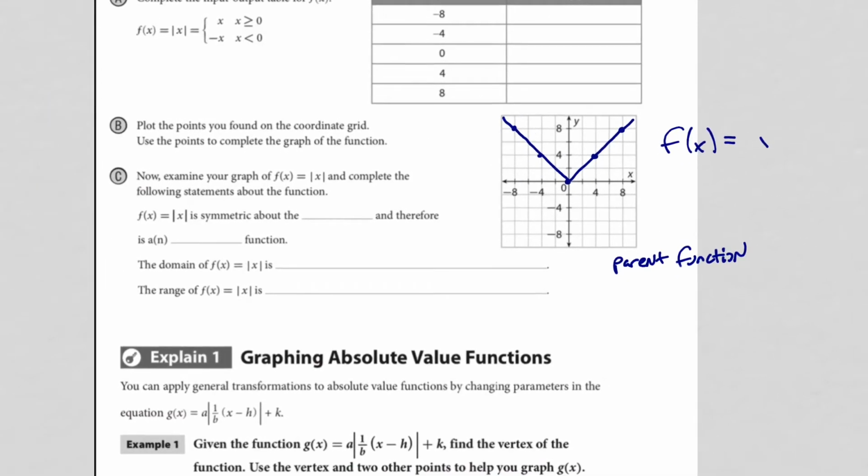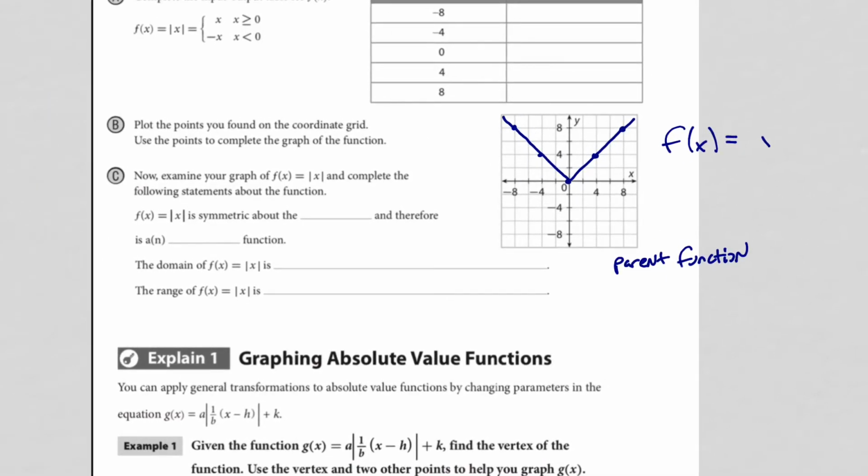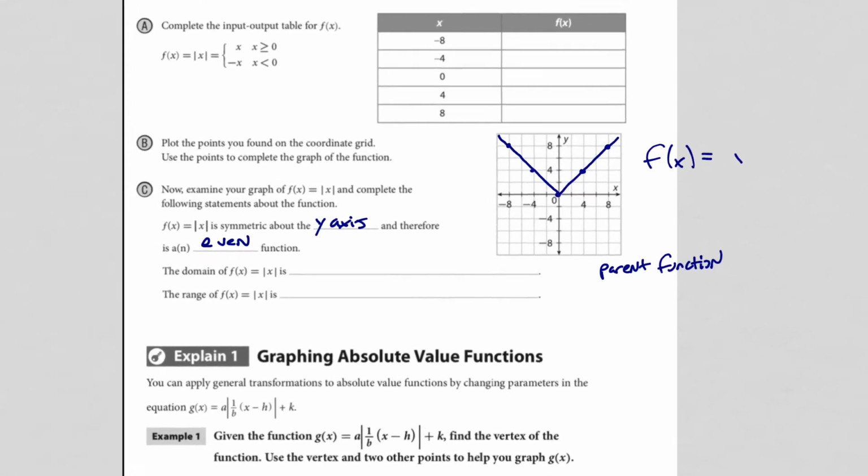That's why my fat fingers messed it up. Symmetric about the y-axis, and therefore it is an even function. That won't make a lot of sense right now, but we're going to dive into even and odd functions a little bit later in the year. But for the moment, this is an even function.